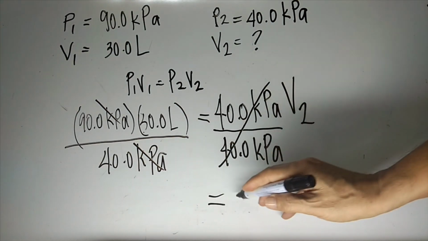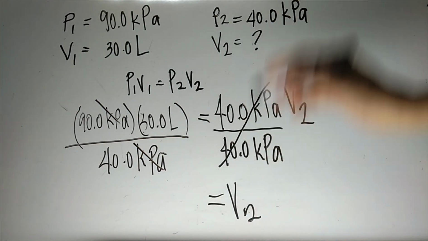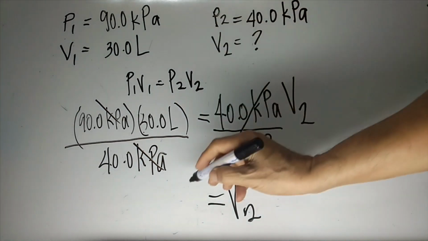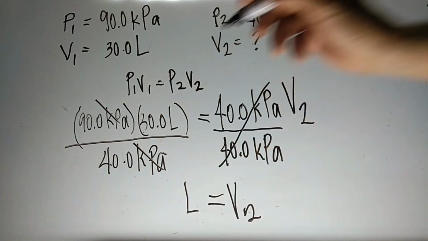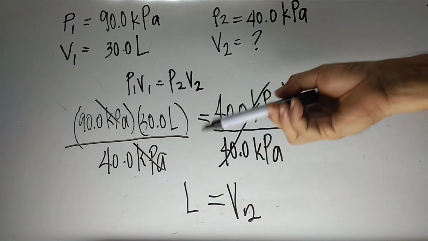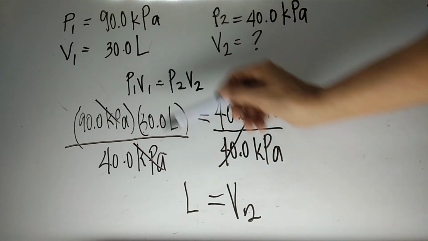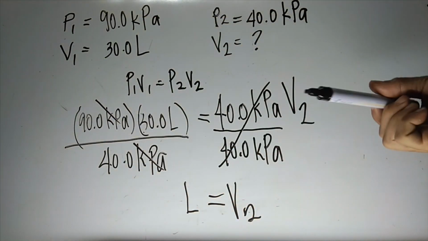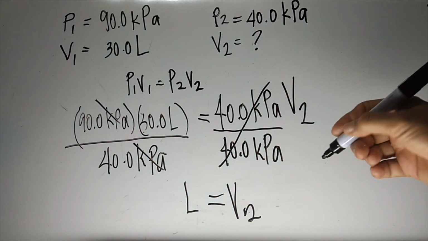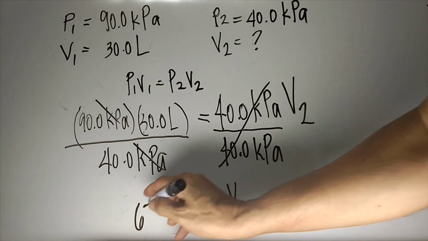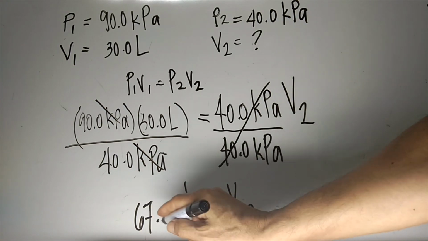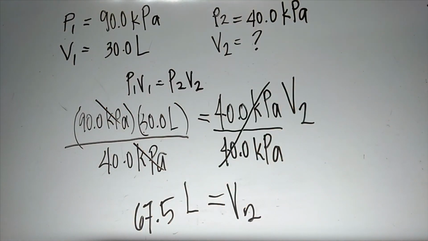What will remain here will be V2. And the remaining unit will be liters. So using your calculator, 90 times 30 divided by 40 will give us a value of 67.5 liters.